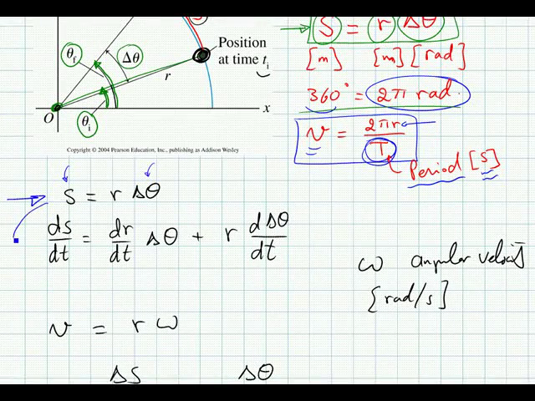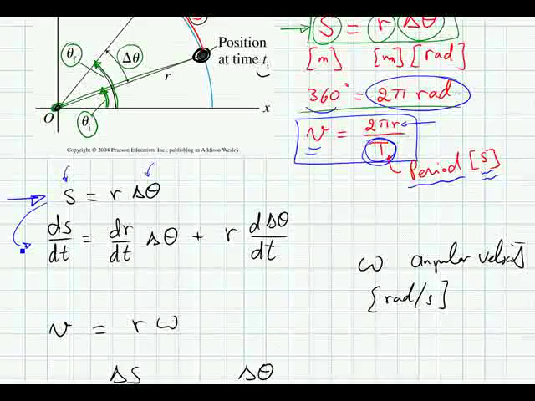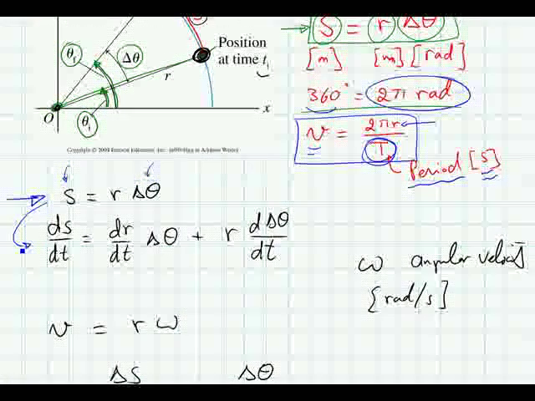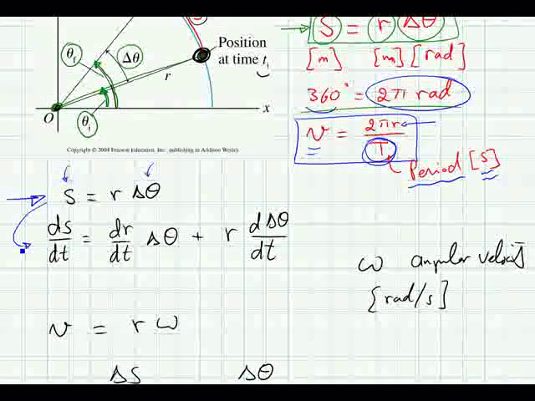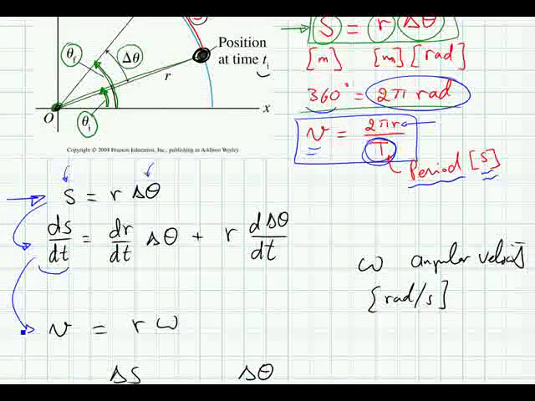Differentiating this expression with respect to time, we end up with ds/dt is equal to dr/dt times delta theta plus r d(delta theta)/dt. Now ds/dt is the rate of change of linear displacement with time, which, as we have seen in previous chapters, is simply our linear velocity v.